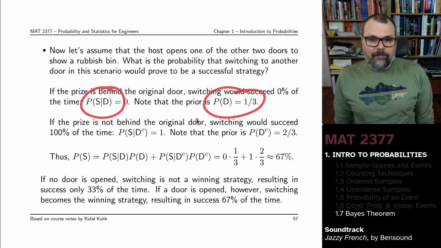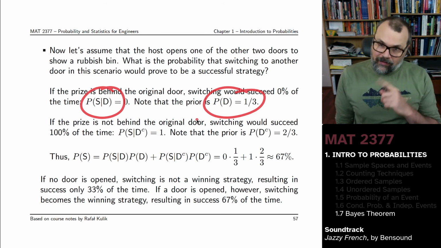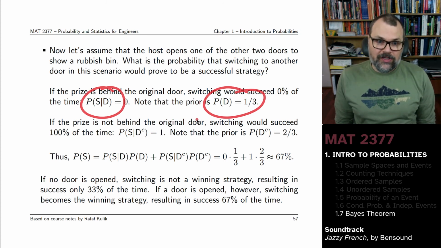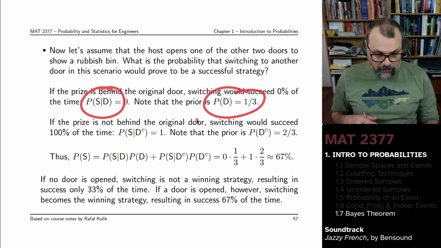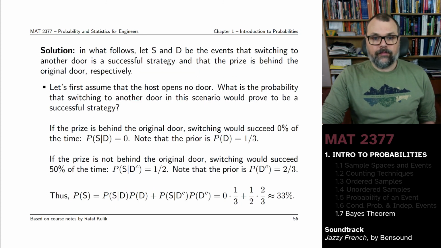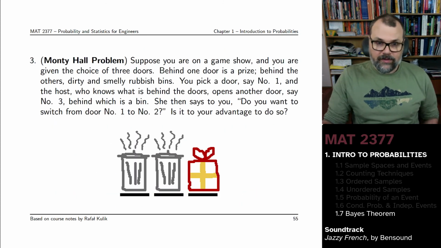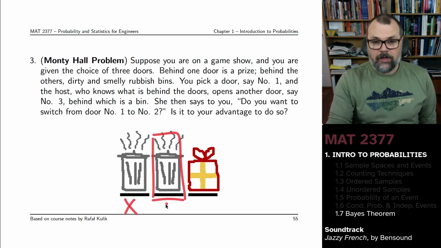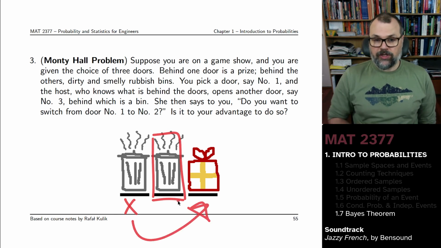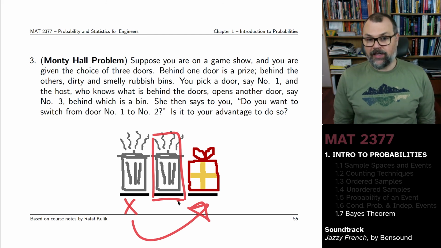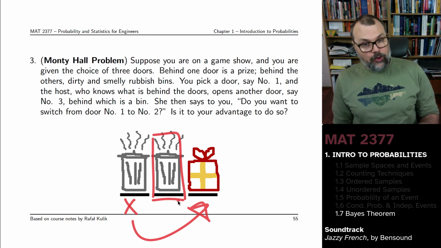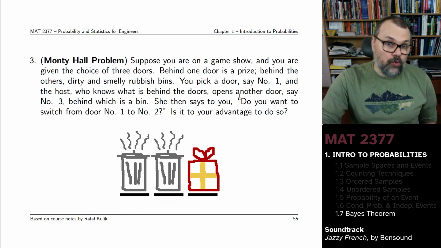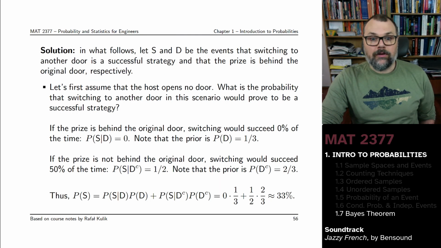If the prize is not behind the original door, now this is something that changes. Switching would succeed 100% of the time because, let's say you had originally picked this one, this is the door that they open, well, switching would work. And there isn't another option where it wouldn't work. So you'd have 100% success if you do switch when a door is open.